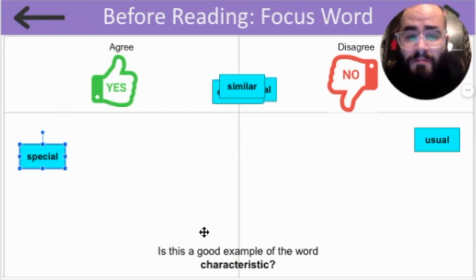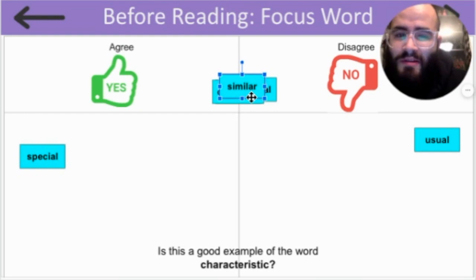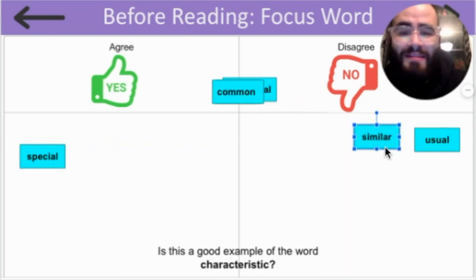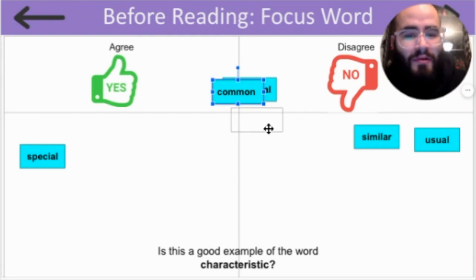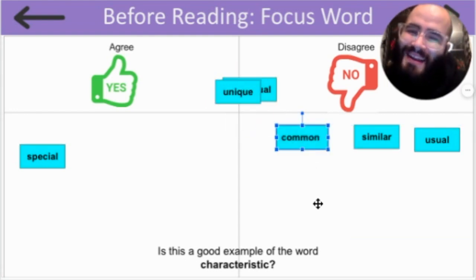How about similar? Similar is not a good example of the word characteristic because when things are similar, they are not unique and you cannot tell them apart. How about common? Correct again. Common is not a good example of the word characteristic because it is kind of like similar and usual.